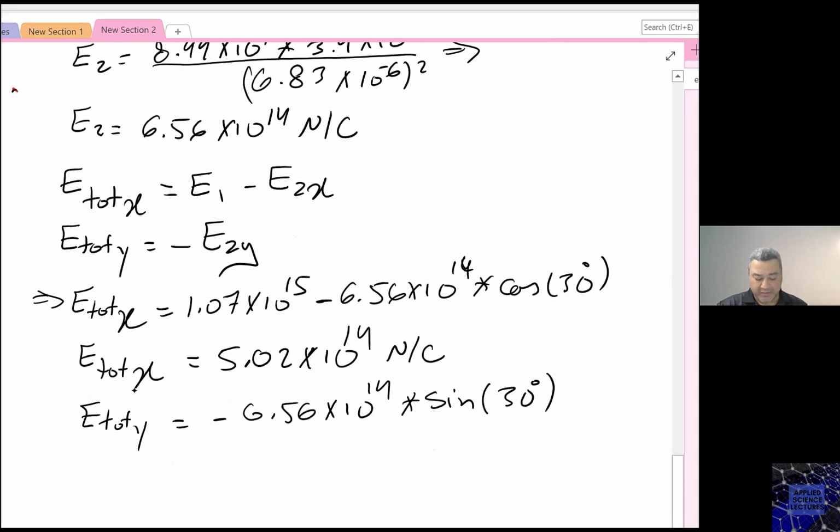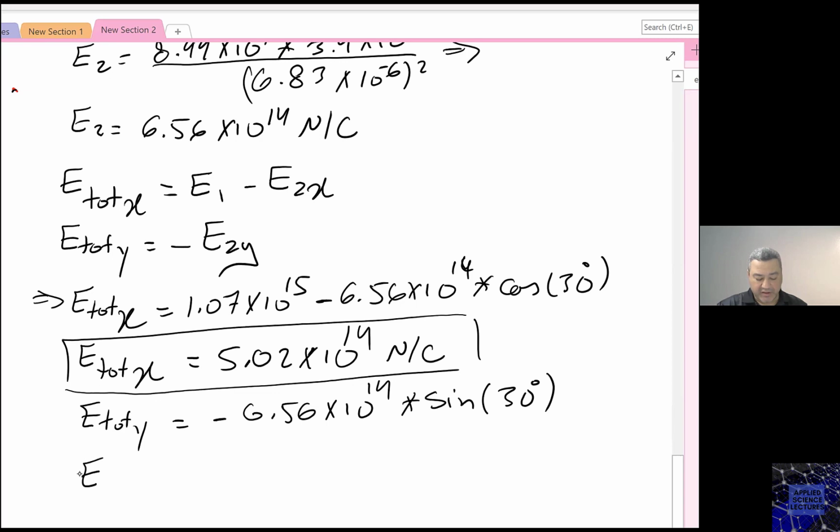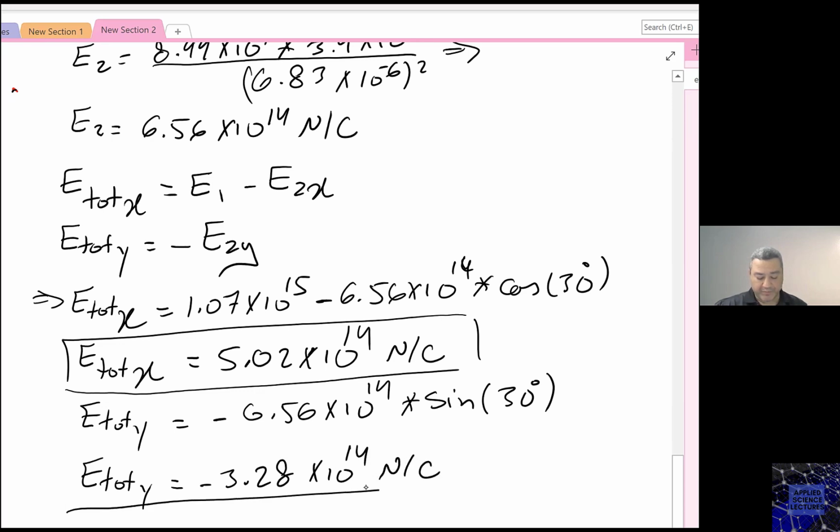And in this case, so this is my E dot x. In this case, E total y equals minus 3.28 10 to the power 14 Newton per Coulomb.